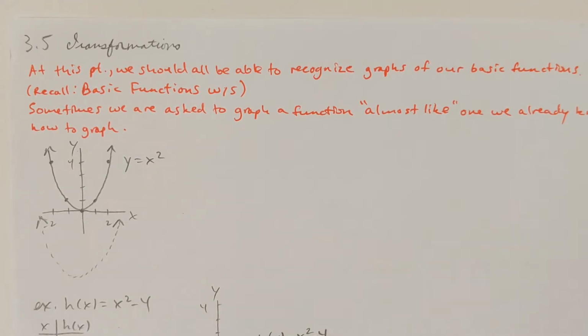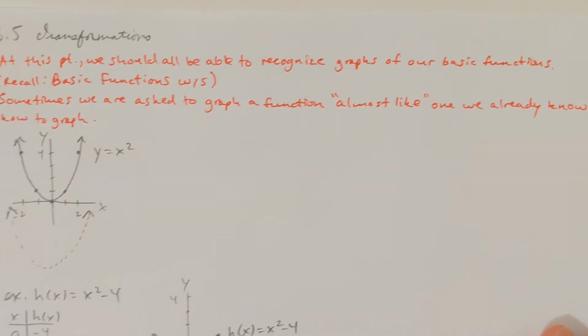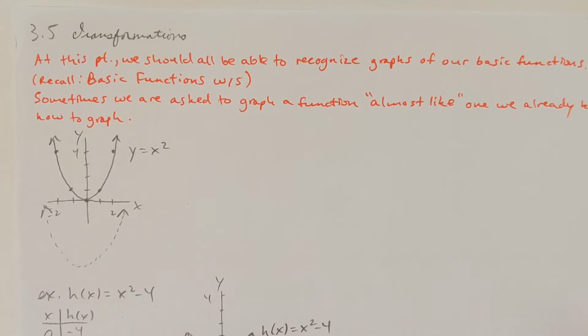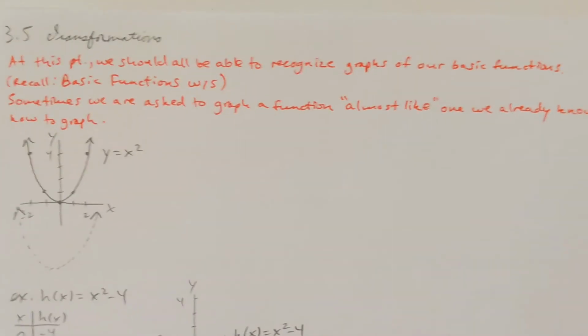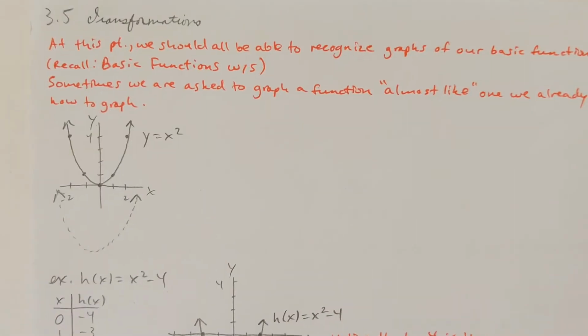At this point, we should all be familiar to recognize the graphs of our functions. Recall the basic functions worksheet. So that's one that we went over a short while ago. Sometimes we're asked to graph a function that's almost like the one that we know how to graph.